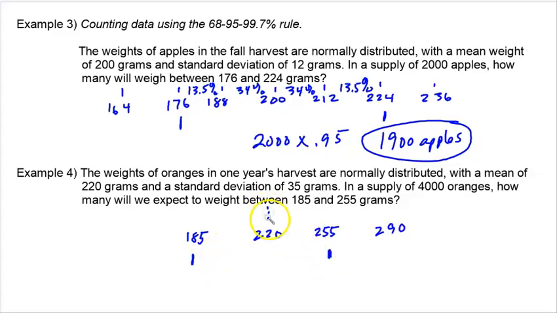So this is our mean. So this represents 68%. Remember, there's 34% on either side within one standard deviation. And that's what this represents within one standard deviation. So I take the 4,000 oranges and I multiply by 68%. And I get 2,720.